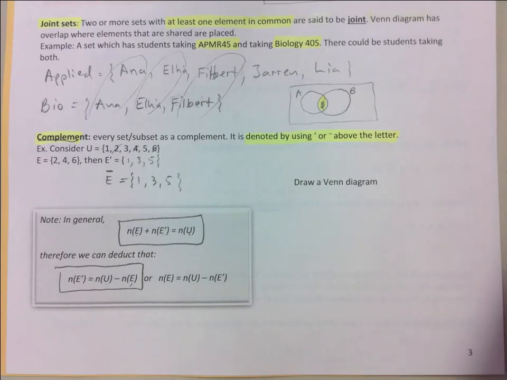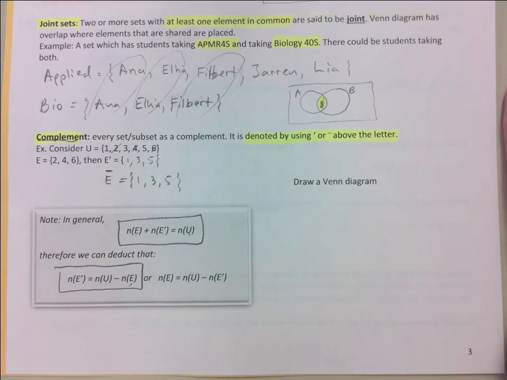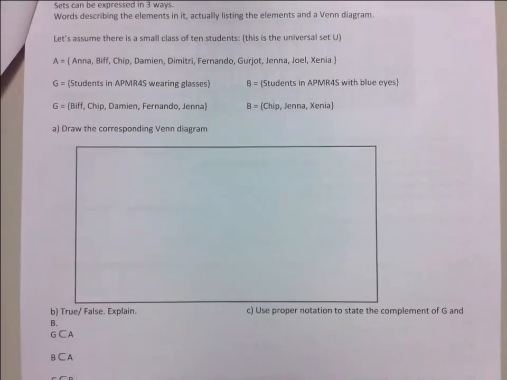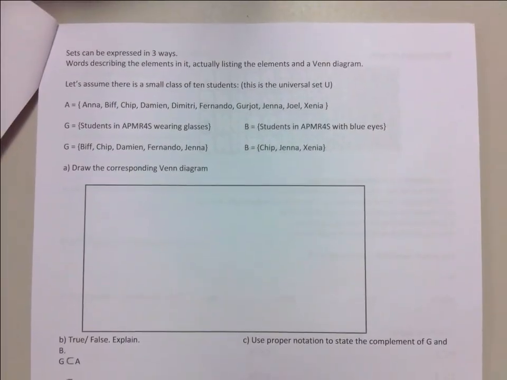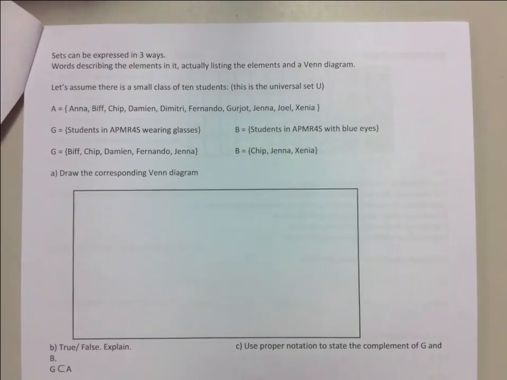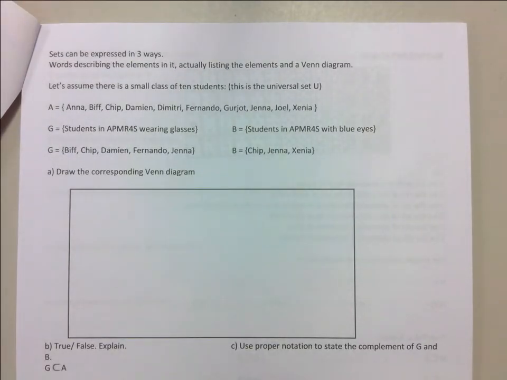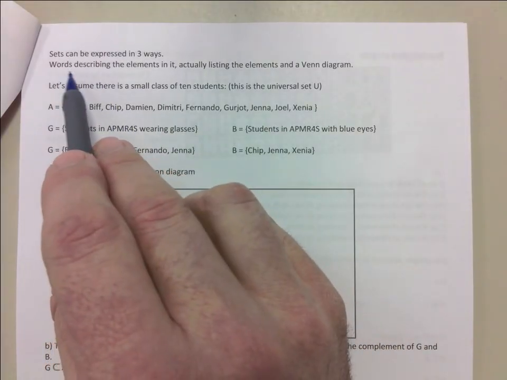So let's go to page 4. I'm sure if you watched it, you know what I'm talking about here. But maybe it doesn't hurt to see this a second time, okay?